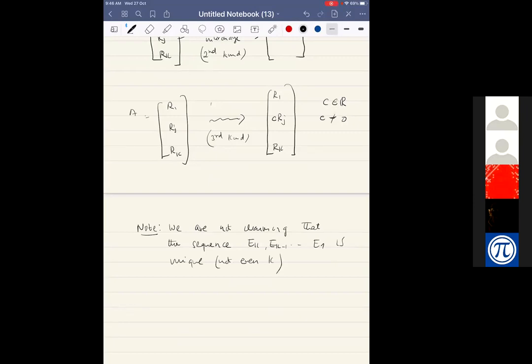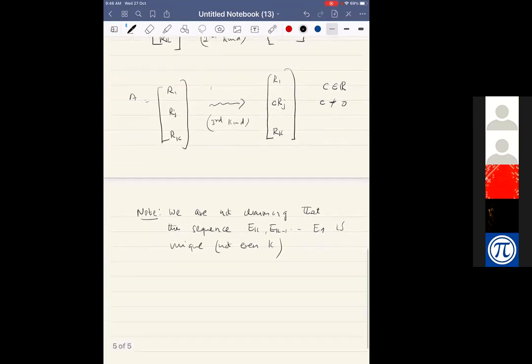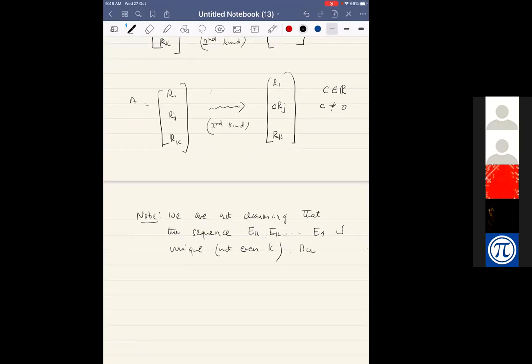So different people may find different numbers of elementary transformations, and the transformations may themselves be different, but the row echelon form corresponding, call that A prime, corresponding to a matrix A is unique.